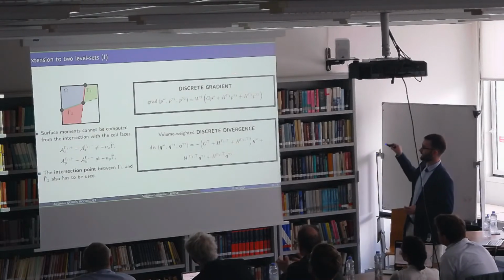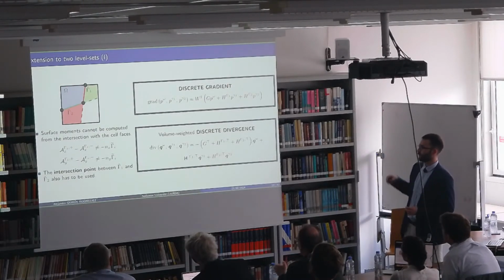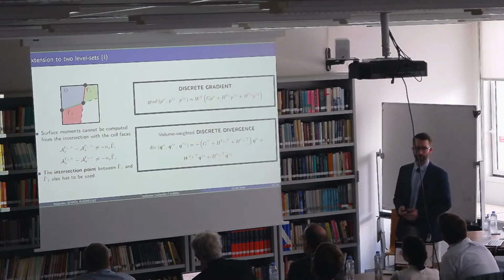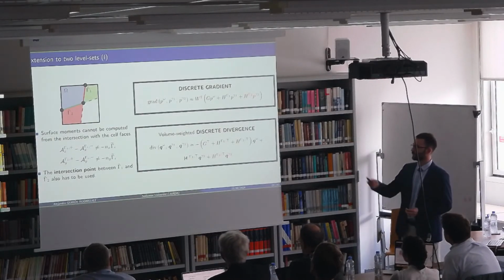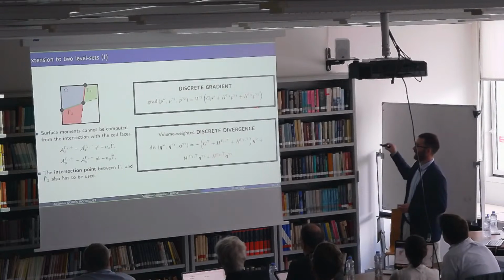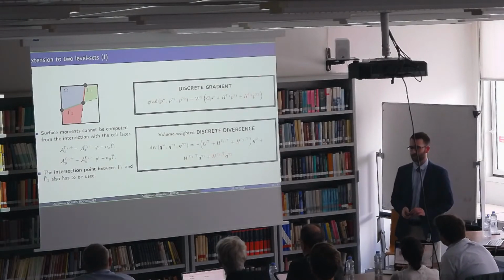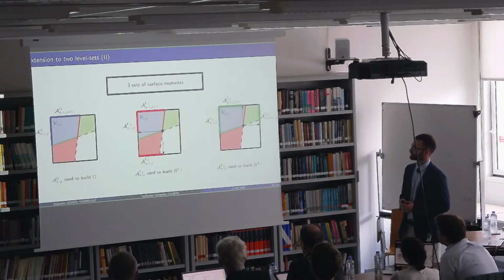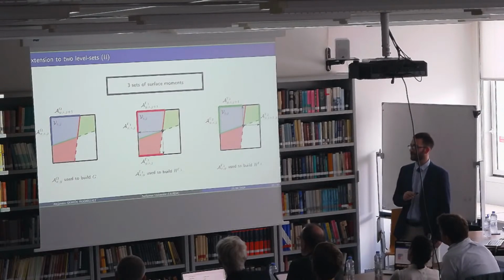The other consequence is that now we have two interfaces with two corresponding boundary conditions and two corresponding boundary fields. So we have to add to our definitions of the discrete gradient and divergence an additional term here and here in red, with the contribution from this second interface. As a summary, we will have to define three different sets of surface moments.